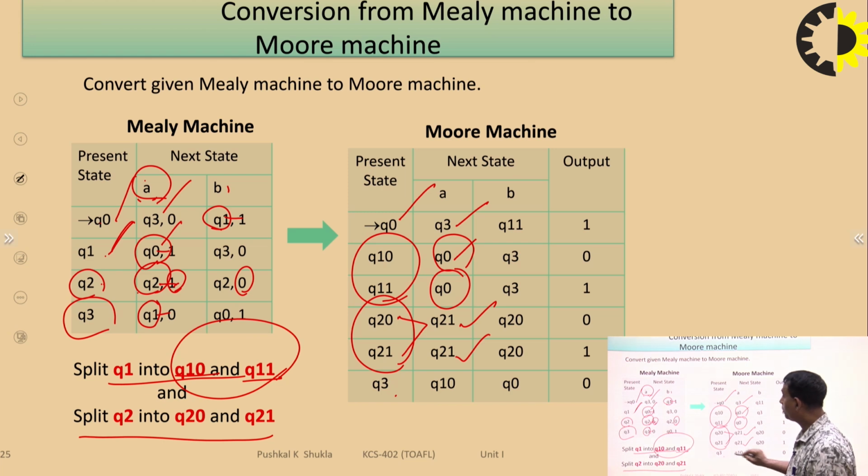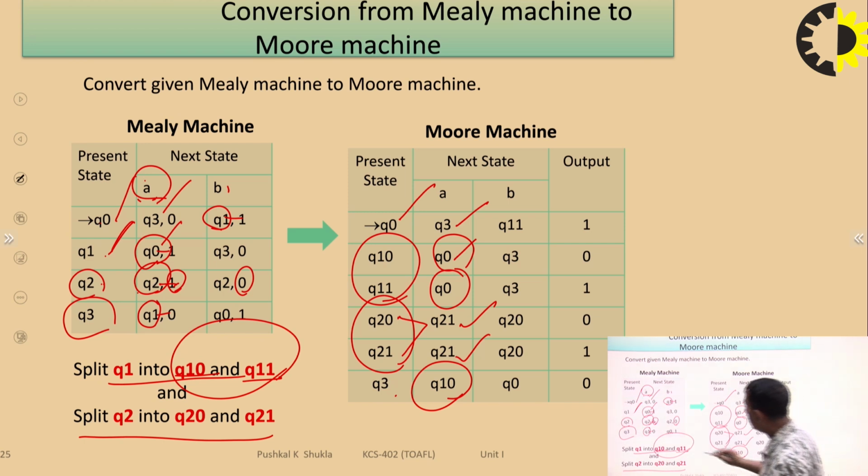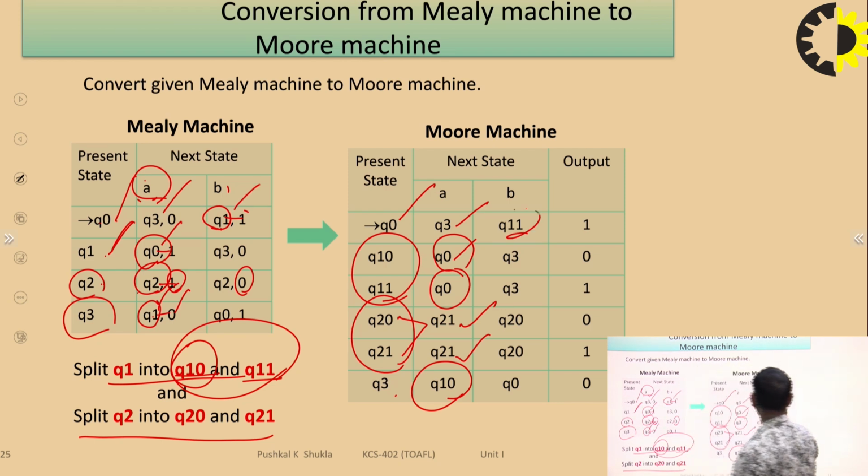Q3, that is right here Q1 0, because Q1 is there and output 0, so corresponding to it we write state Q1 0. In the same fashion, we write here Q0, Q1, and output is 1, so write in this place Q1 1.